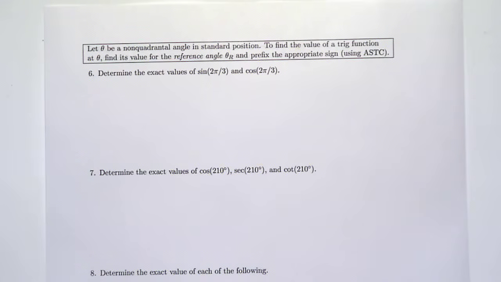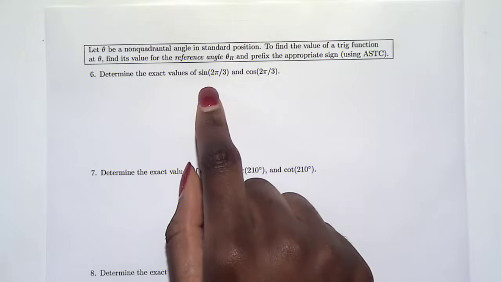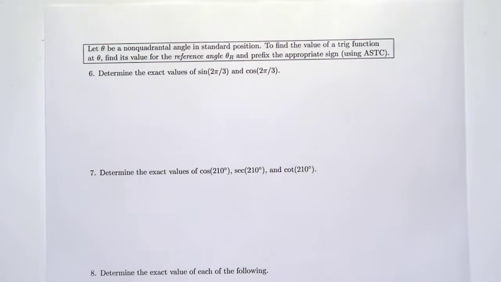All right, the first thing that we need to do, so let's see, the question is determine exact values of sine of 2 pi over 3 and cosine of 2 pi over 3. Okay, first of all, 2 pi over 3 is not an acute angle. It's bigger than 90 degrees.